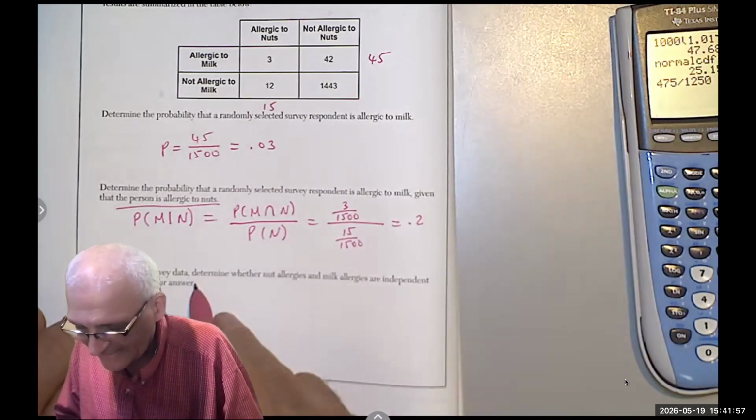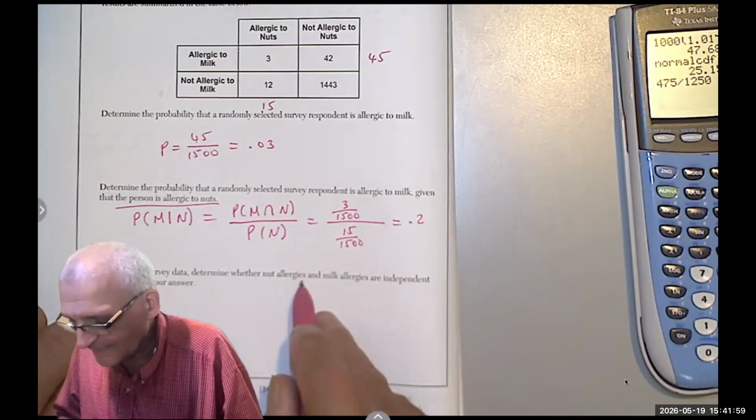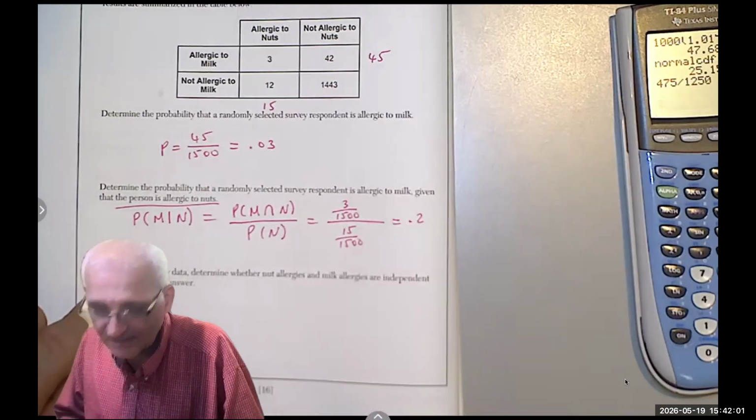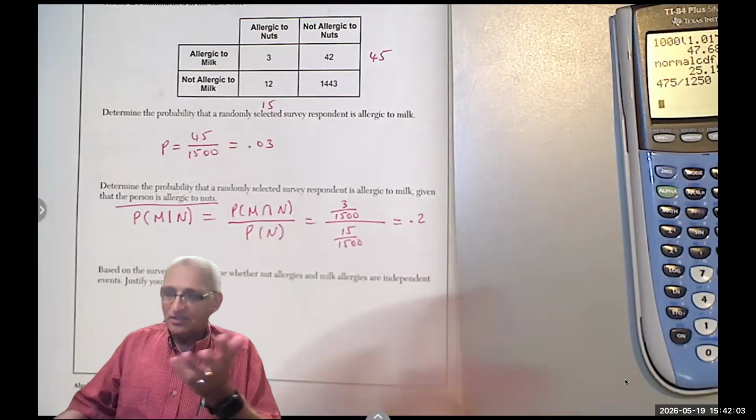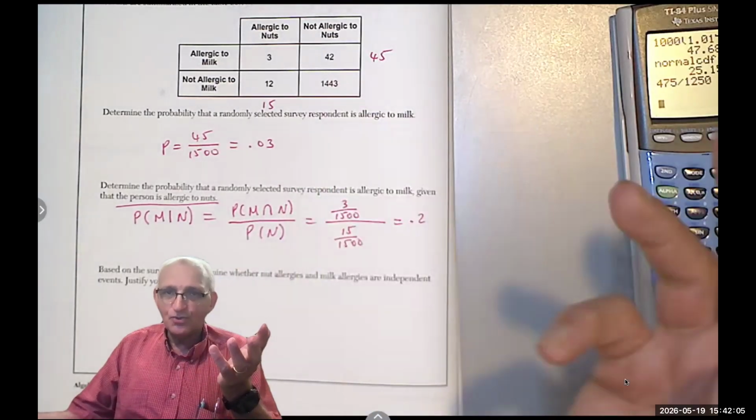Based on the survey data, determine whether nut allergies and milk allergies are independent events. Definitely not. I mean, you can see the number here is huge.